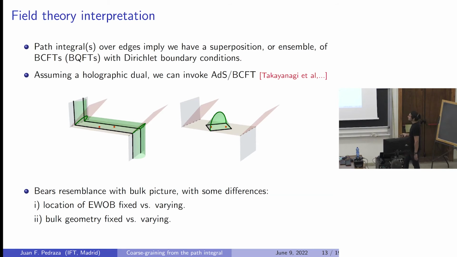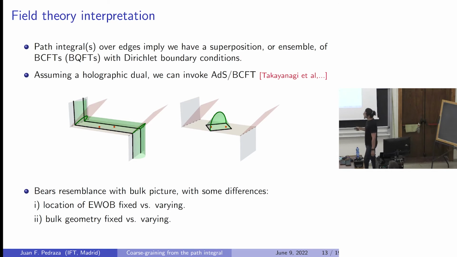What happens there is that in the bulk, you get a description in terms of a bulk that is supplemented exactly by an end of the world brane. So in these two examples that I showed you, you get a piece of the bulk, now supplemented by these branes that I'm drawing here in green. Now, this holographic dictionary is still under construction. This is just a heuristic argument that I'm giving you here.